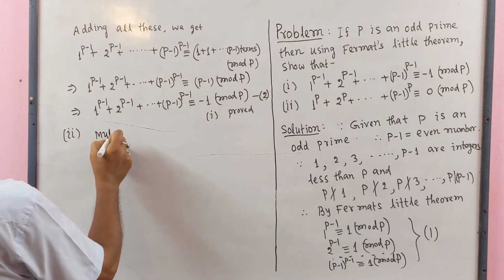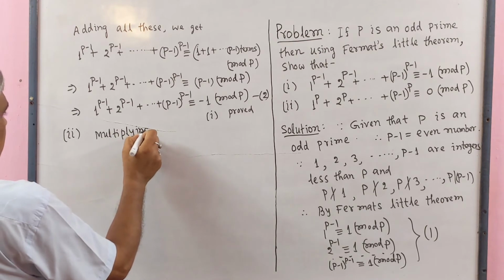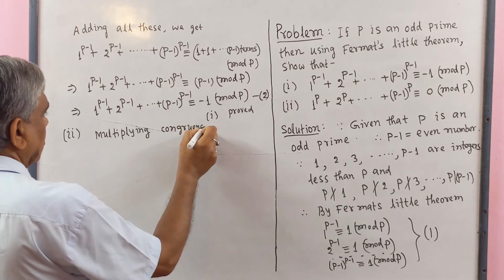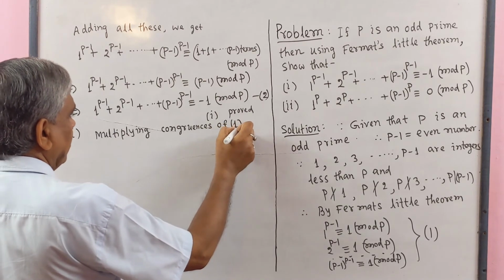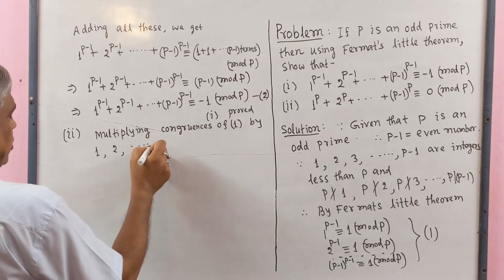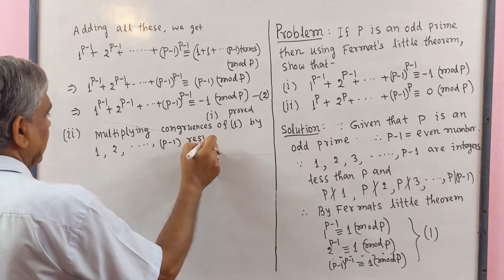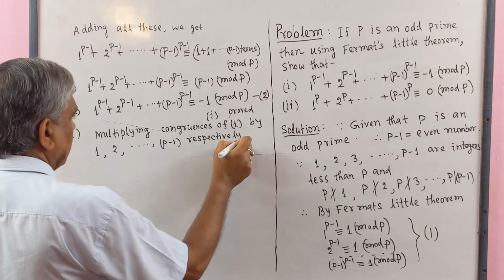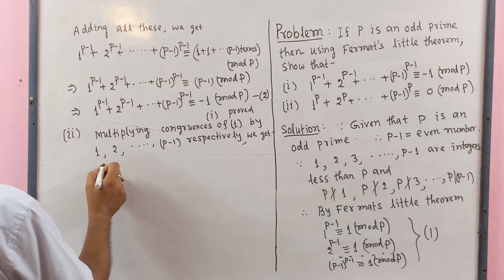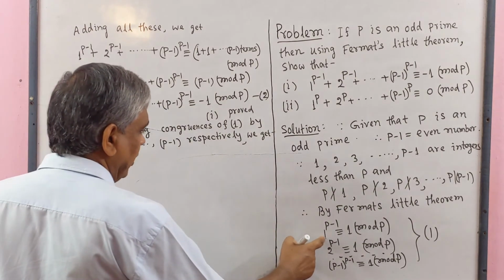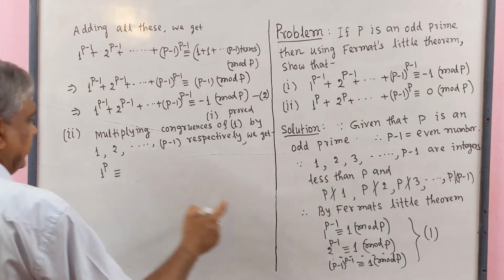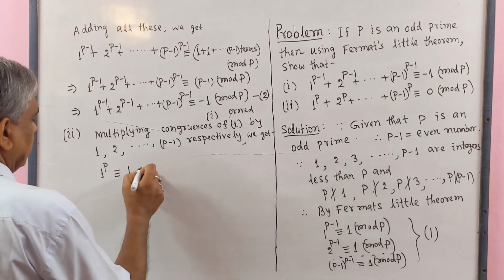Multiplying the congruences of 1 by 1, 2, ..., p minus 1 respectively, we get 1 multiplied by 1 to the power p minus 1 is 1 to the power p, which is congruent to the right side, 1 multiplied by 1 is 1, modulo p.